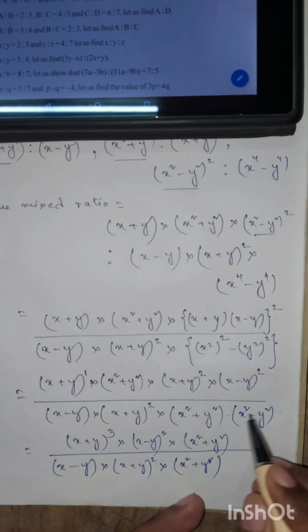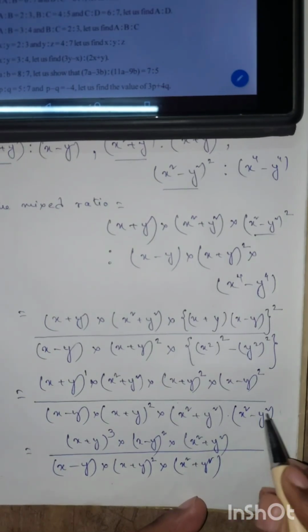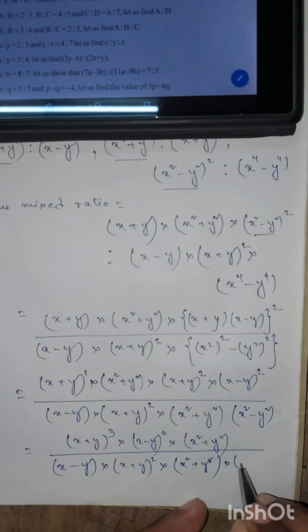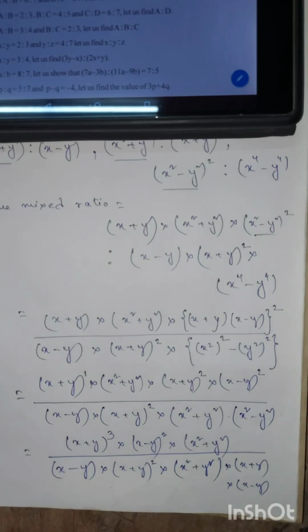Now x square minus y square can be written as x plus y into x minus y. Now we can cancel the common factors from the numerator and denominator.